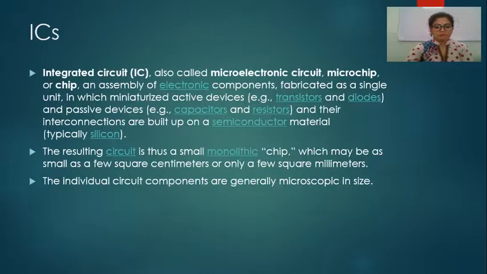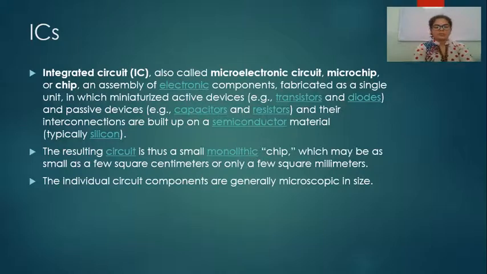Even in your mobile phones, you must have seen ICs, which contain millions of connections, and all the working of your mobile phone is dependent upon the IC. Integrated circuits are also known as microelectronic circuits. They are also called microchips, because the size of the chip is very small.